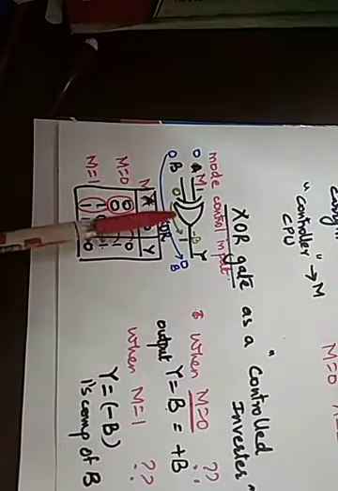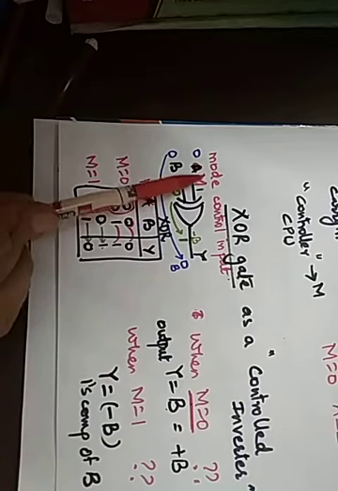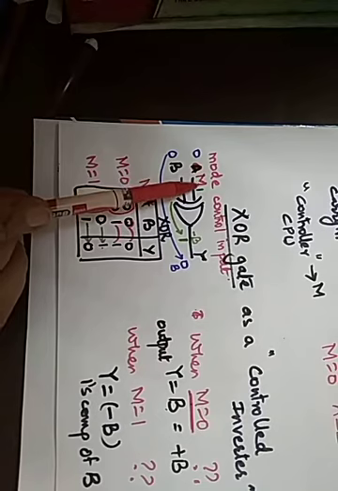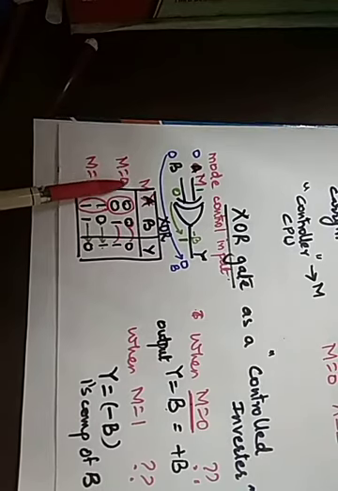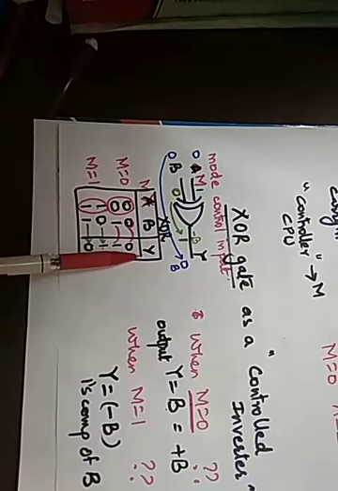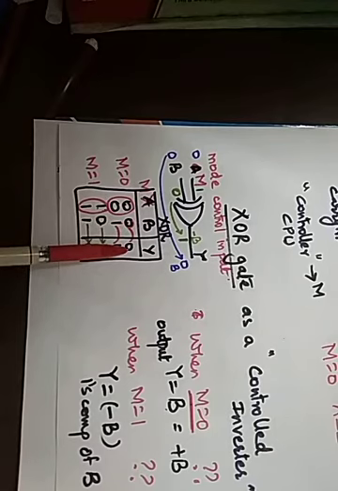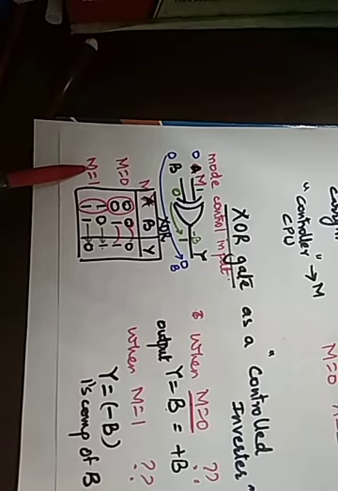We had seen the working of the XOR gate as a controlled inverter, where if one of the inputs A is considered as the mode input M, then the working can be analyzed as that when M is 0, the output is the same as the input B. B is 0, Y is 0; B is 1, Y is 1. And when the mode input M is 1, these are the two conditions.